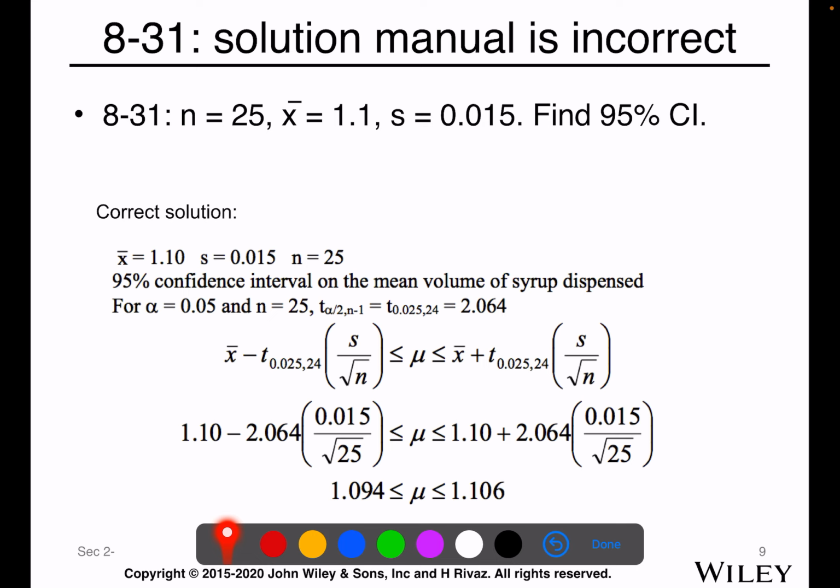And we should contrast that number with the normal distribution. If we had made a mistake and used the normal distribution, the incorrect solution would be to use z of 0.025, which is 1.96.